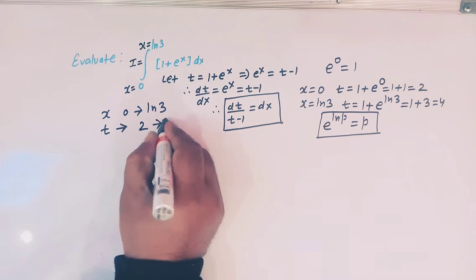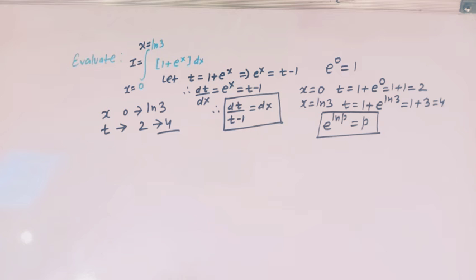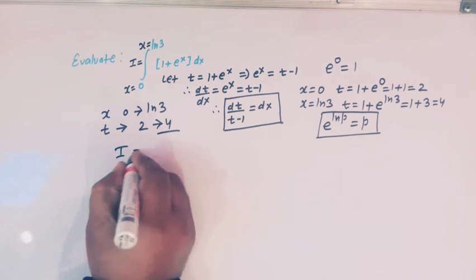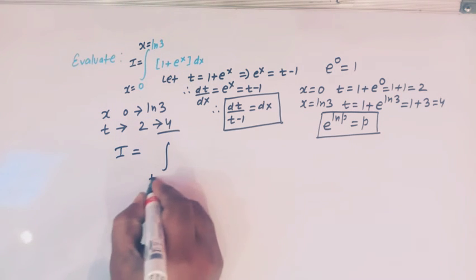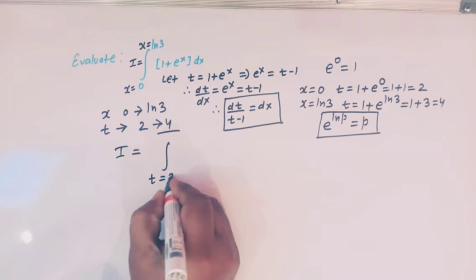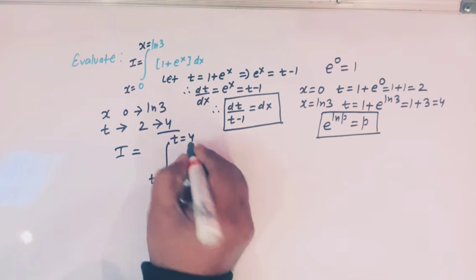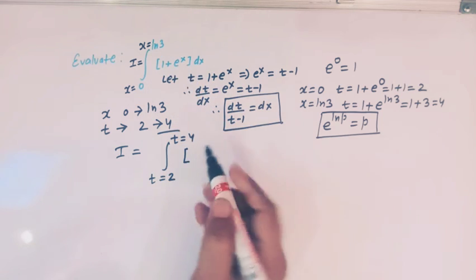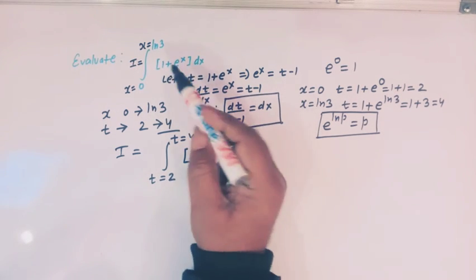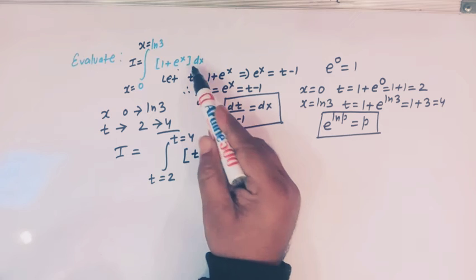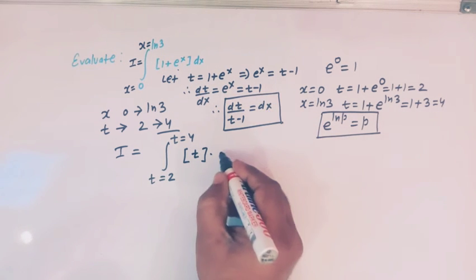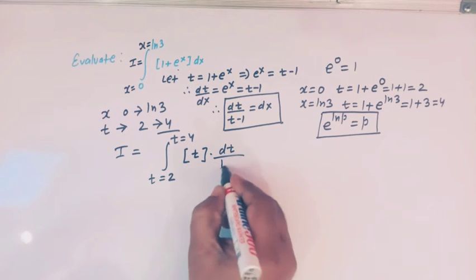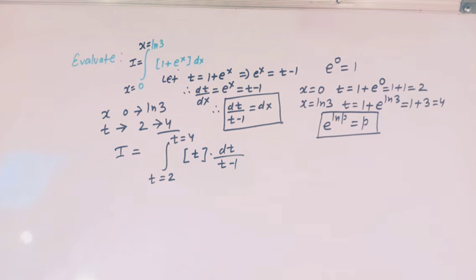So now we can represent this integral as I is equal to the integral from t equal to 2 to t equal to 4 of the greatest integer t, because 1 plus e raised to x is t, and for dx we can write dt over t minus 1.